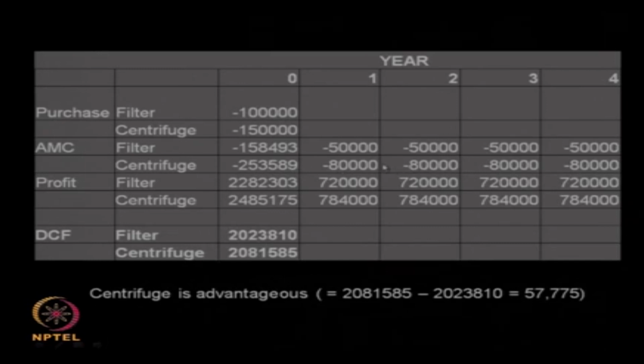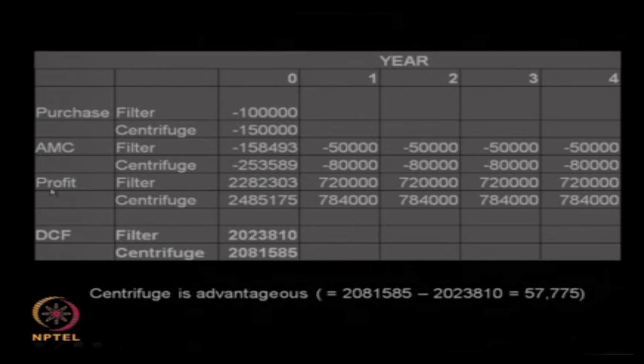Whereas if you just add up these numbers it looks like 3.2 lakhs. So it is not that I will spend 3.2 lakhs; in today's value I will spend 2,53,589. Do you understand? So in today's value on AMC I will spend this much on the filter, and this much on the centrifuge.